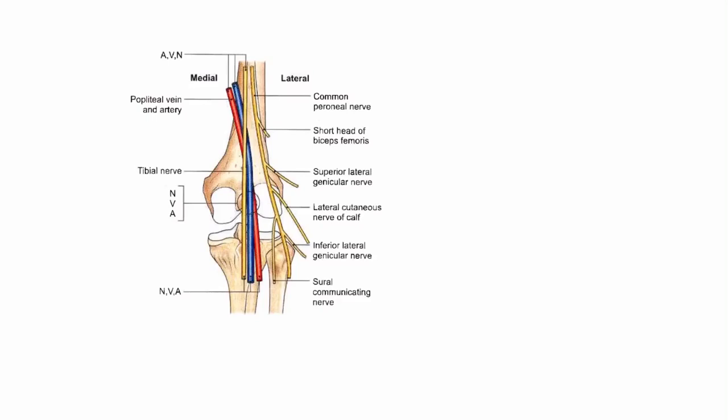After understanding the contents of the popliteal fossa, let's understand how these contents are situated in the popliteal fossa. Popliteal vessels and tibial nerve cross the fossa vertically, as you can see here in the diagram. First is tibial nerve, and tibial nerve is situated most superficially.